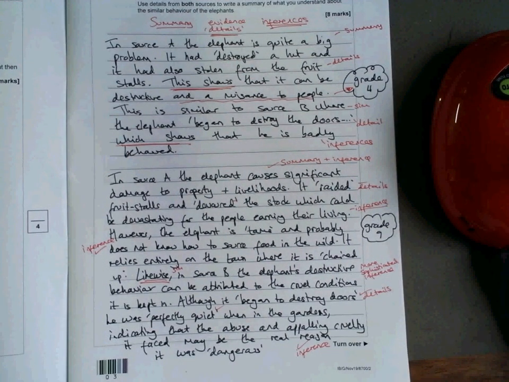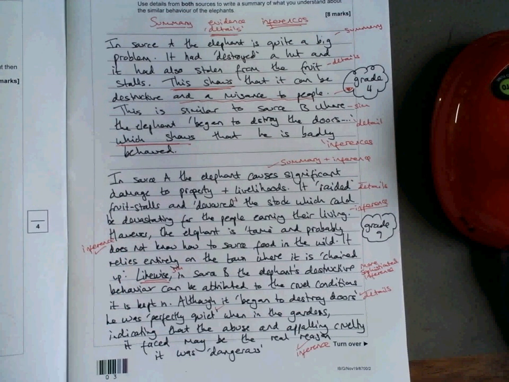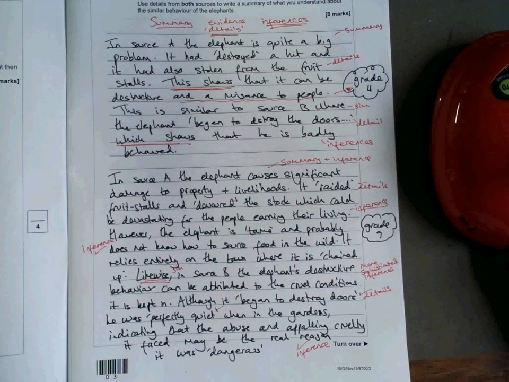I summarise, I bring in details, and I make inferences. Now, clearly this second one's a bit longer, so it's a bit more developed, but the heart of why this is a lot better is that my inferences are more original. I'm not just going for a very obvious, it says it destroyed it, so it's destructive. I'm looking in a bit more detail. I'm looking to read between the lines that little bit more.